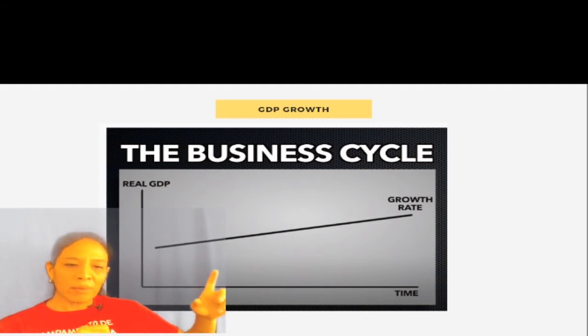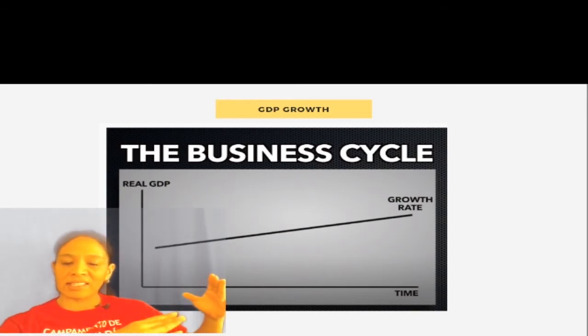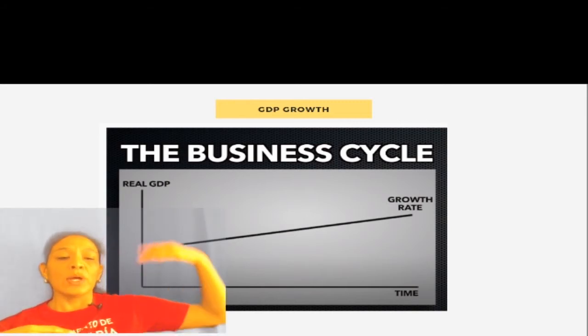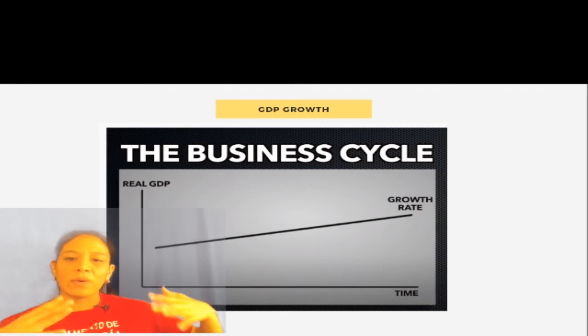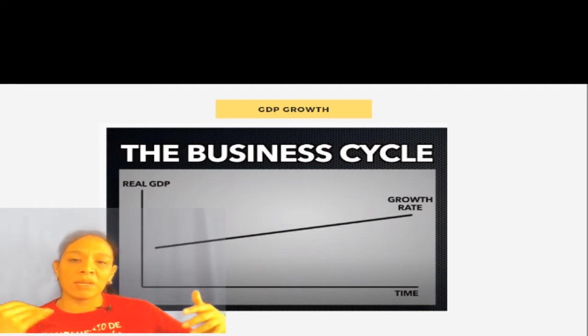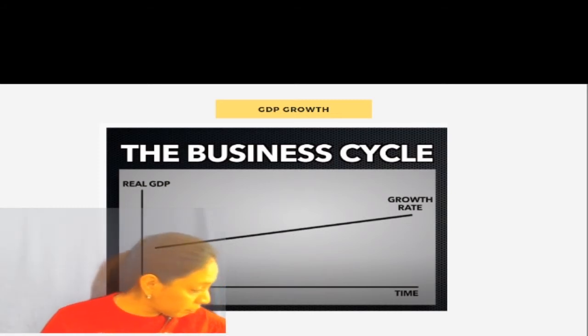So here we have a graph that in the y-axis, we're going to have the GDP, the real GDP. And then on the x-axis, we're going to have time. So the real GDP over time gives you a growth rate. And that is going to tell us if the economy is growing. Remember the 3 goals of the economy, here I had them.